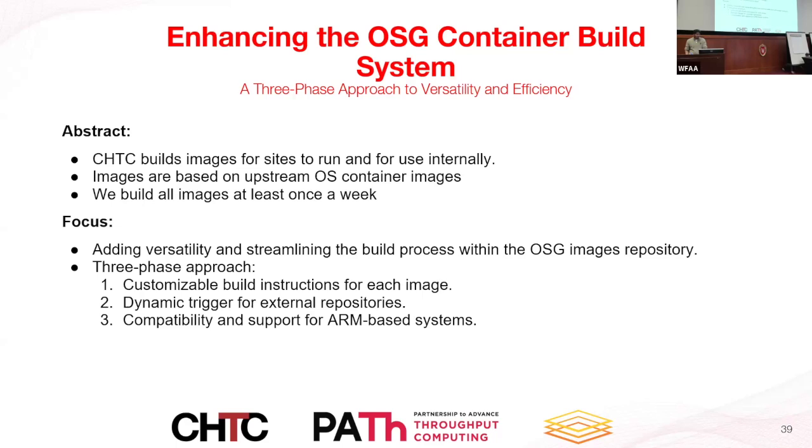So the main focus of my project is to add versatility and streamline the build process for these images within this OSG repository, and we're going to use a three-phase approach to do that by adding customizable build instructions for each image, using dynamic triggers for external repositories, and hopefully being able to add compatibility and support for ARM-based systems.